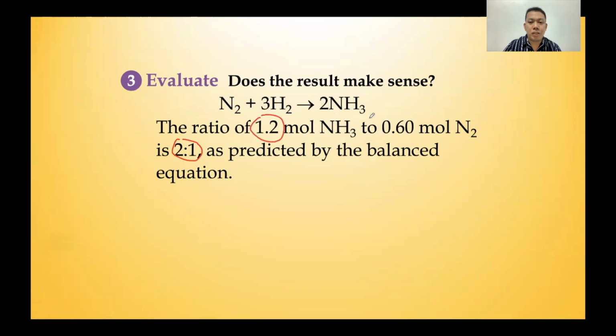Meanwhile, N2 in mole is 0.60. So 0.60 is actually when you duplicate that. That's why it's 2 is to 1. So 0.60 is 1 for N2 and 2 for ammonia. So that is 0.60 times 2. So you'll be able to get 1.2.